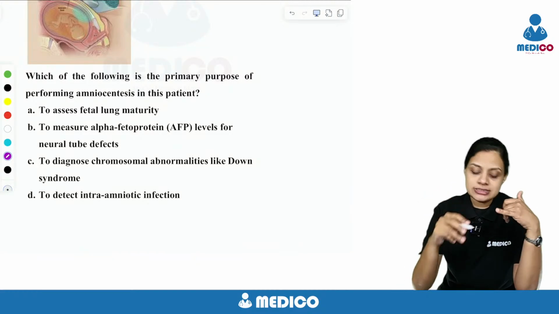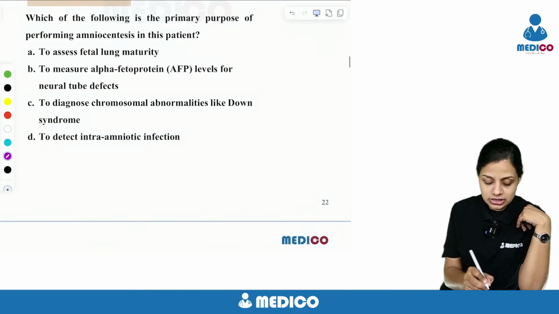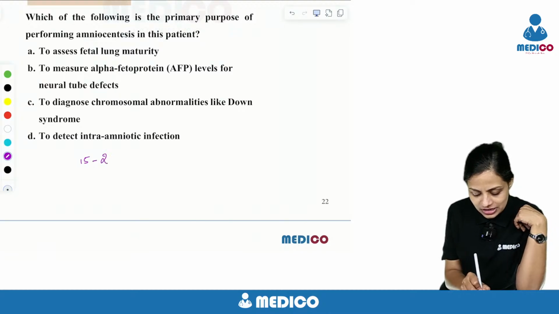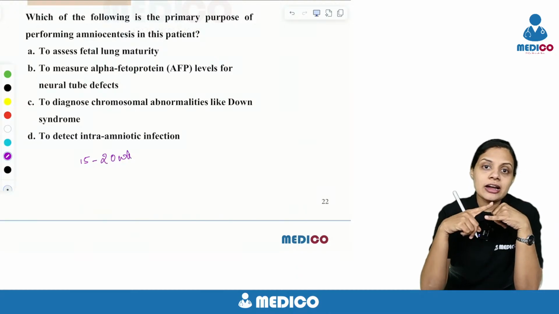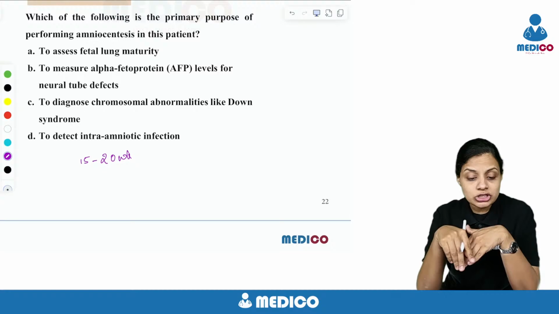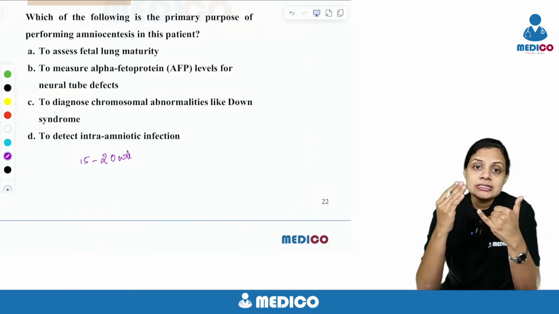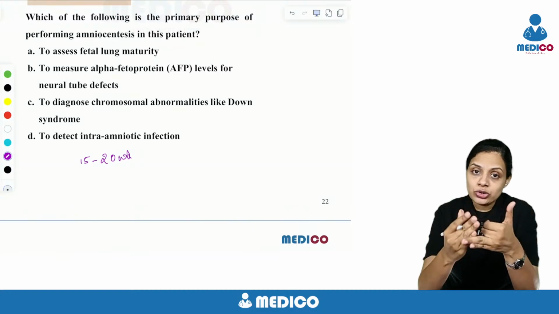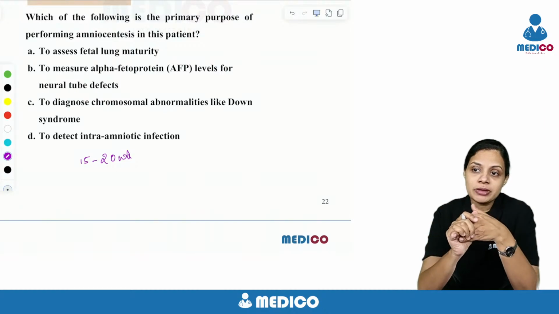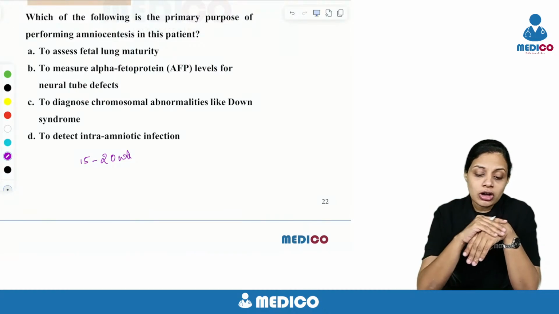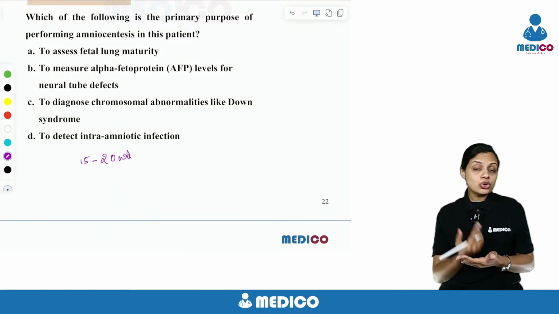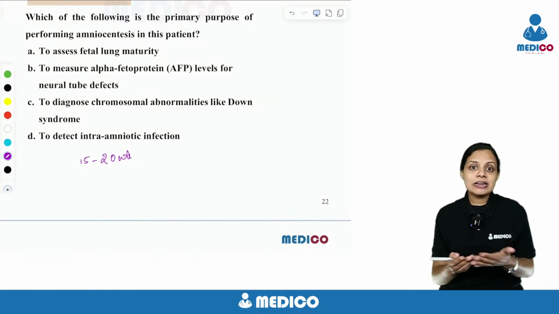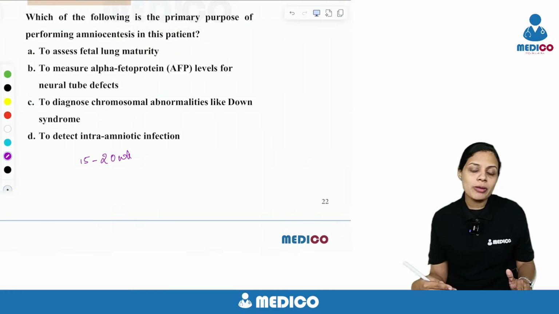What is amniocentesis? Amniocentesis is done at around 15 to 20 weeks of gestation. You take either the amniocytes or the fibroblasts of the amniotic fluid and you look for sex-linked disorders. You can look for karyotyping, inborn errors of metabolism, or neural tube defects. You can also look for fetal lung maturity, by looking at the lecithin sphingomyelin ratio.